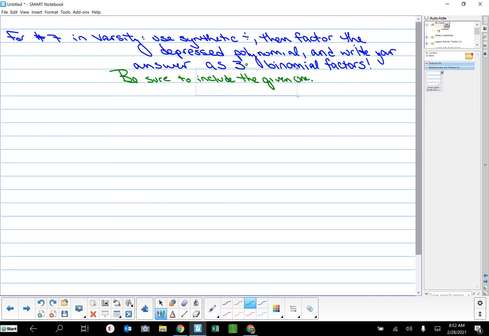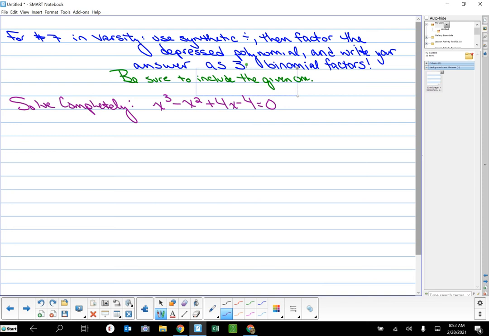Okay, so the one that I have says solve completely. It says x cubed minus x squared plus 4x minus 4 equals 0.